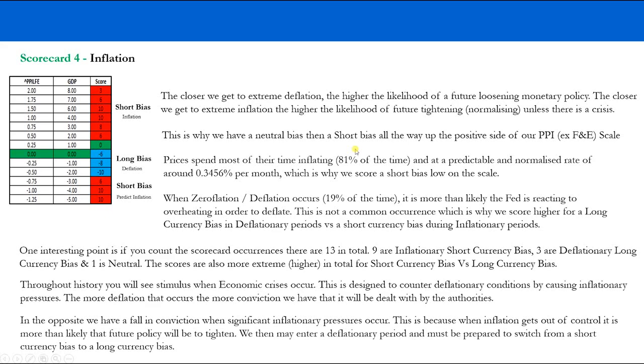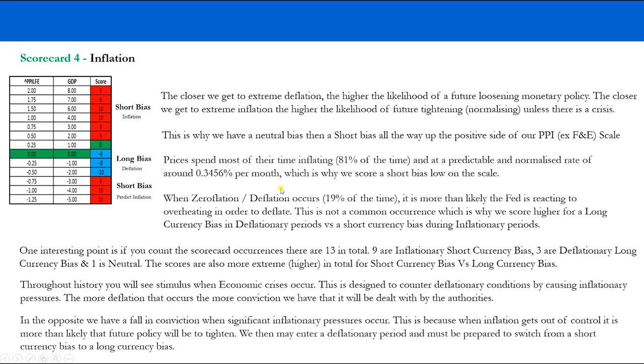When zeroflation or deflation occurs, which is 19% of the time, it's more than likely that the Fed is reacting to overheating in order to deflate. And this isn't a common occurrence, as we've seen, which is why we score higher for a long currency bias in deflationary periods versus a short currency bias during normal inflationary periods.